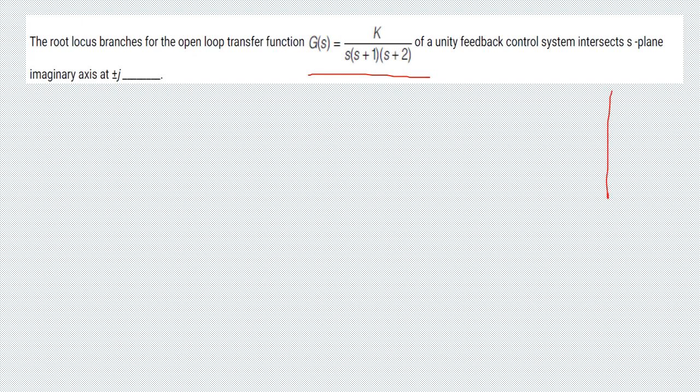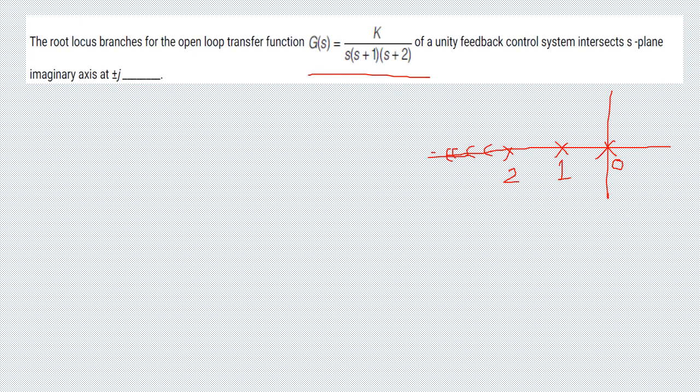So it can be shown like this. Somewhere here, if I draw the root locus, it is somewhat like this. This is at 0, this is at 1, this is at 2. From here, this branch diverges to infinity.